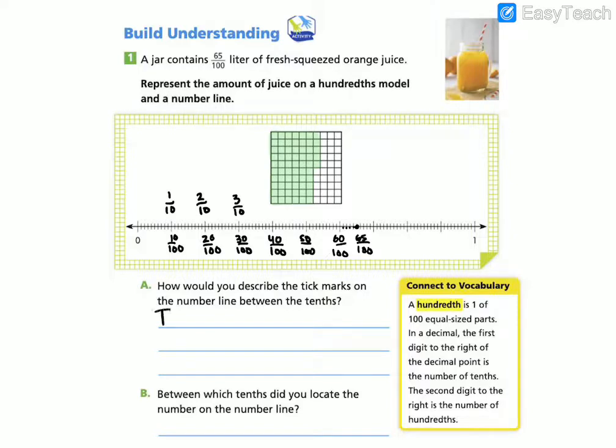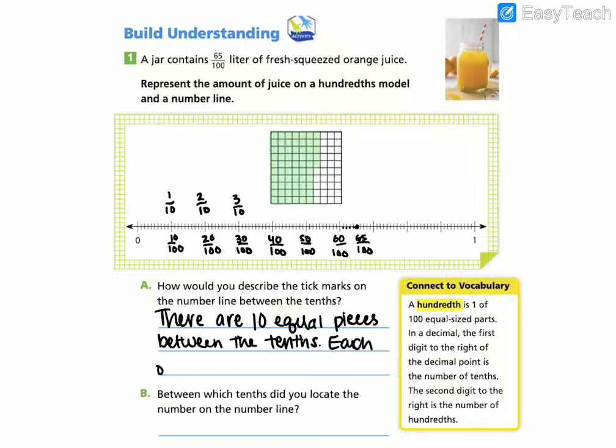Well, there are 10 equal pieces between the tenths. We can say each of these is 1/100th.